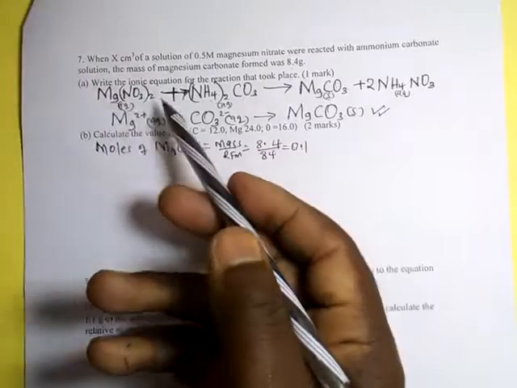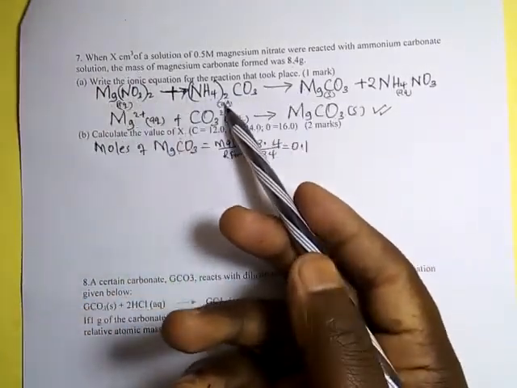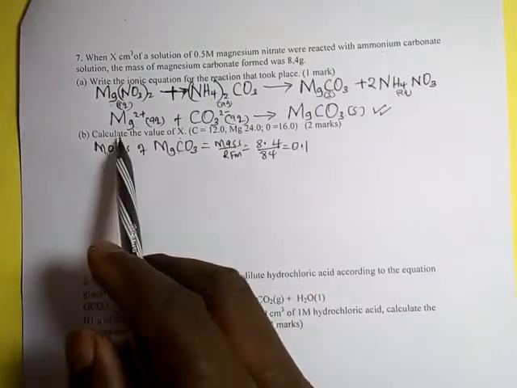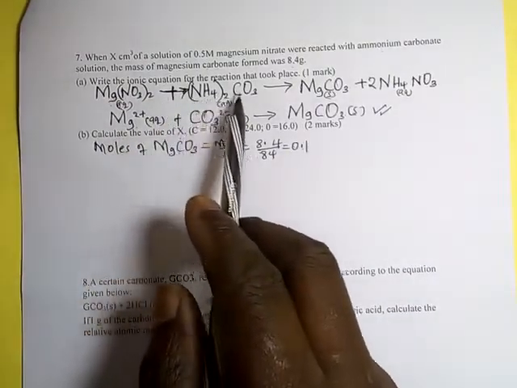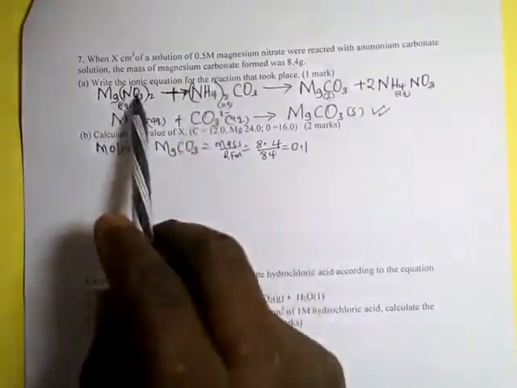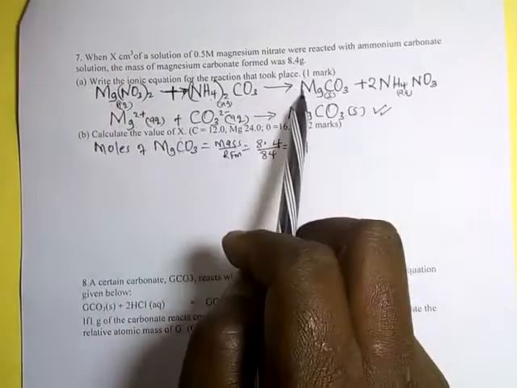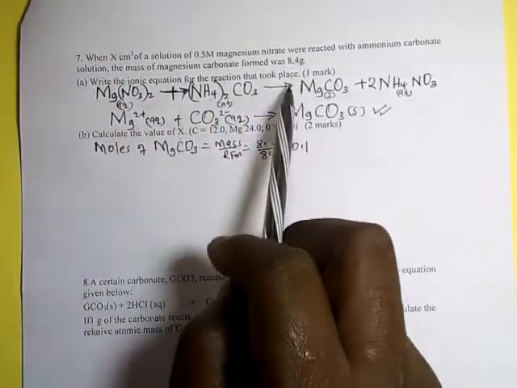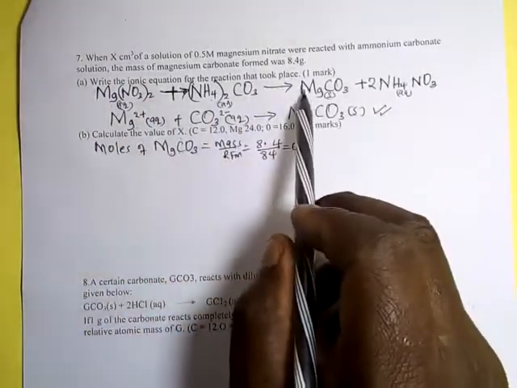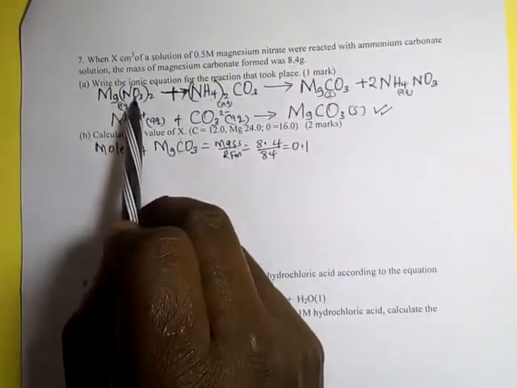But from the equation you can see the ratio for magnesium carbonate and the magnesium nitrate. We want the x solution of magnesium nitrate. So we are comparing this and this. The ratio is 1 to 1. Meaning that the number of moles of magnesium carbonate and the number of moles of magnesium nitrate is the same.